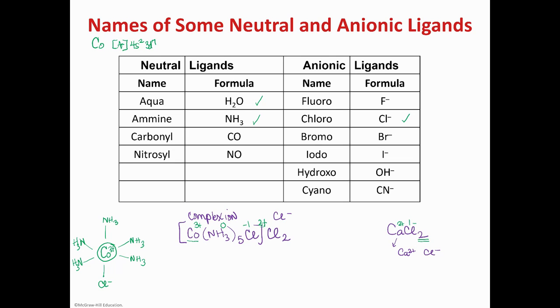So if it's a 3 plus, remember, it always loses the 4s first in one of these. So our cobalt 3 plus is a d6. And then once again, that's our Lewis acid, electron acceptor. And the ligands are the Lewis base, electron donor.